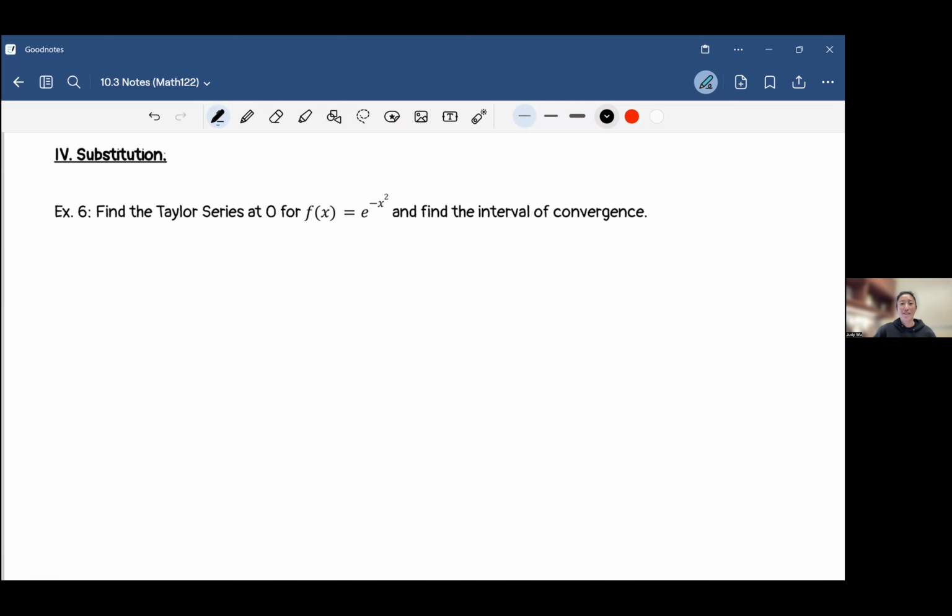Find the Taylor series at 0 for f of x equals e to the negative x squared and find the interval of convergence. Now you'll notice that we don't have a note here that says the interval of convergence is the same as your original.